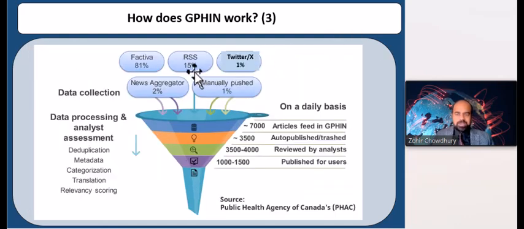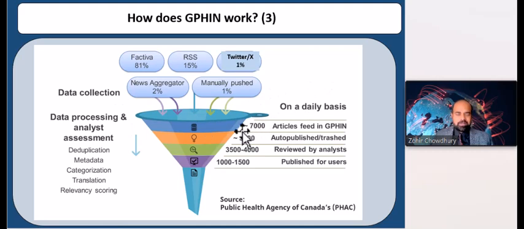In this slide, you can see how they extract information by using RSS feed, Factiva, different news aggregators, and also Twitter and X. And also information is additionally manually pushed into the system as well.